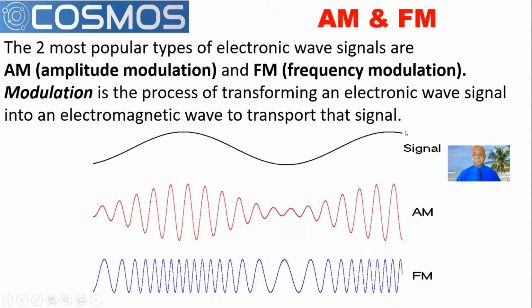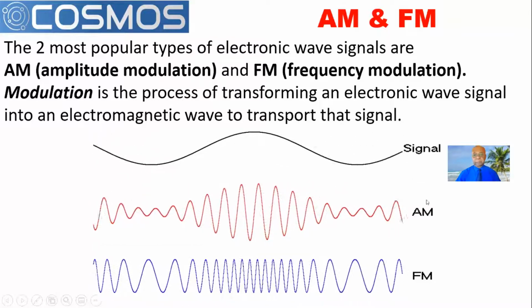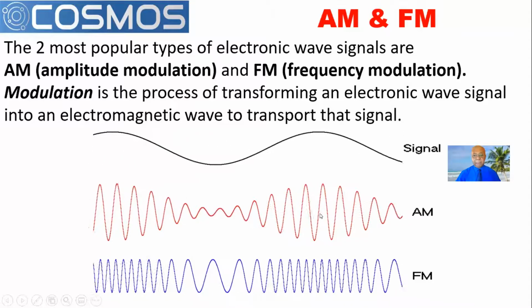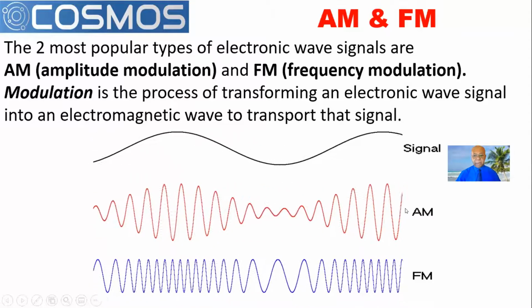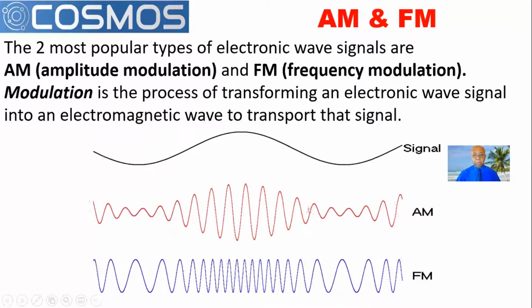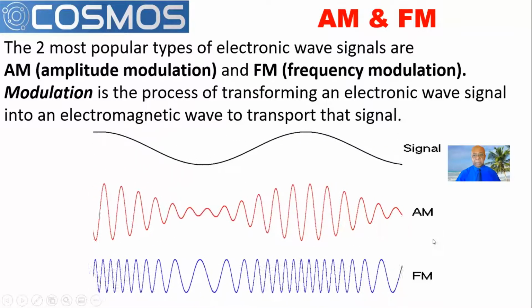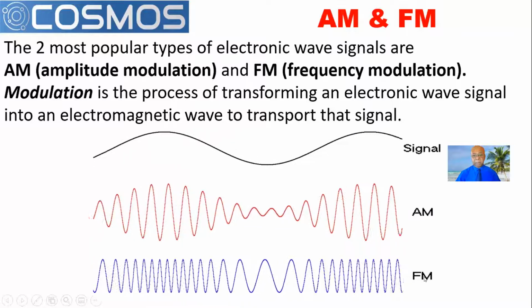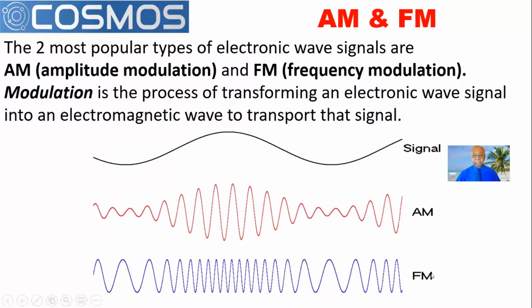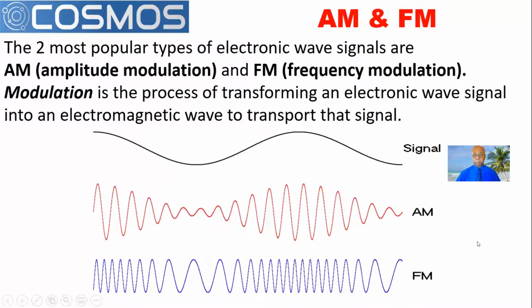Okay? So we have the regular signal here. Then we have the AM modulated wave. That's it right there. Only the amplitude is modulated. And then we have the FM wave, where only the frequency is modulated. Okay? Let's move on.